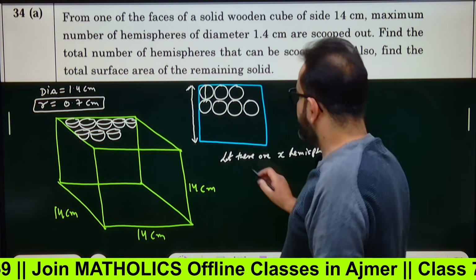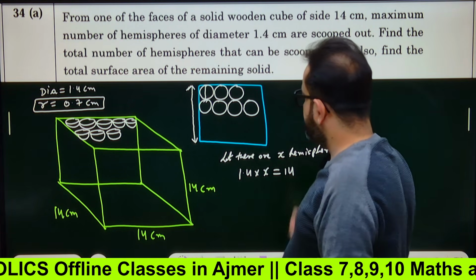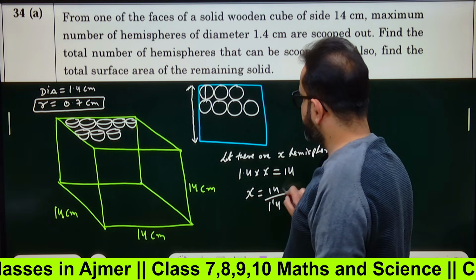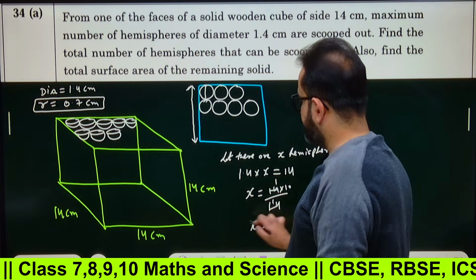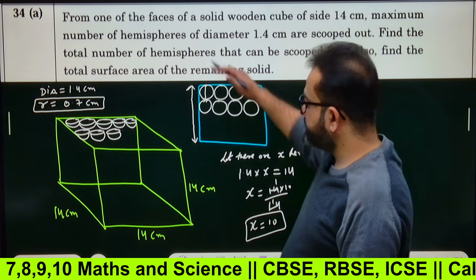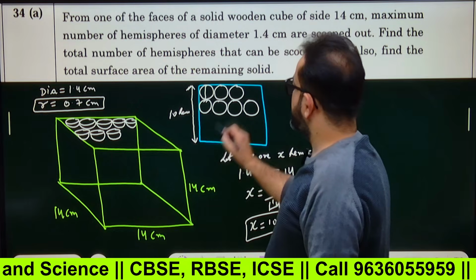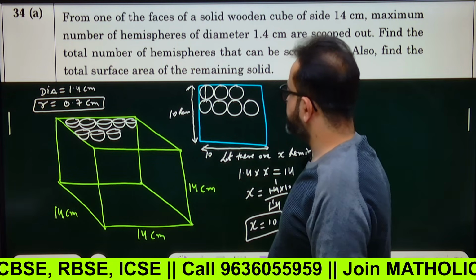So we'll write 1.4 into x must be equal to 14 centimeter. That means x equals 14 by 1.4, which is 10. That would mean 10 hemispheres like this, 10 hemispheres like this, and 10 hemispheres like this. There it will also be 10 hemispheres.